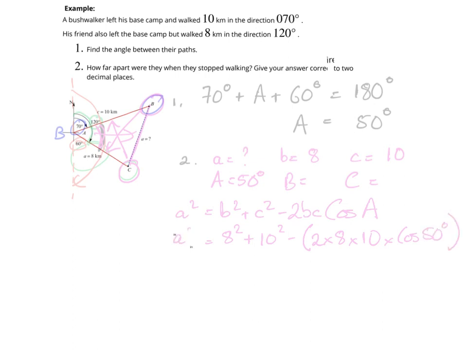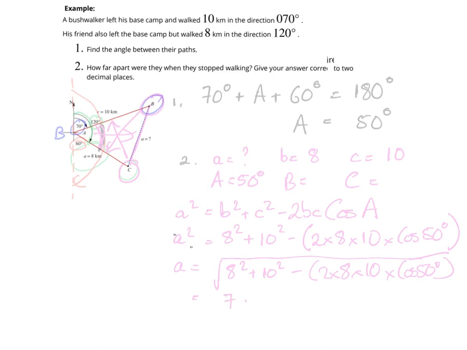That's what A squared is. A is equal to the square root of all of that, so 8 squared plus 10 squared minus 2 times 8 times 10 times cos of 50 degrees. That should all go into your calculator in one hit.